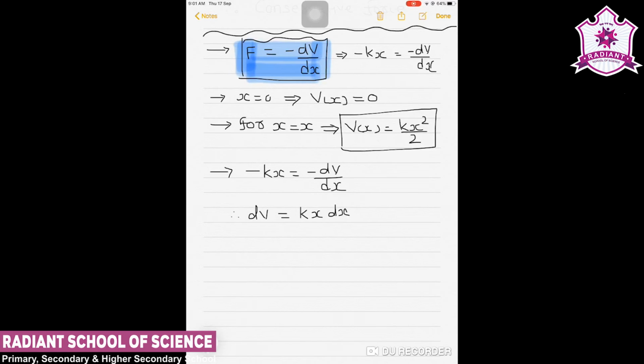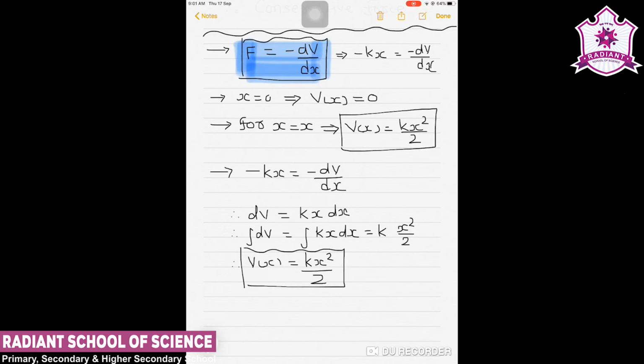Obviously when we take integration of it, we have integration of dV equals integration of kx dx. So this will be kx² by 2 within its limit for the displacement. So the potential energy is equal to kx² by 2, that is defined here. So this will be another equation.